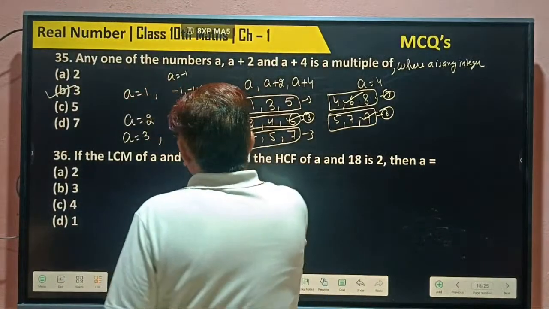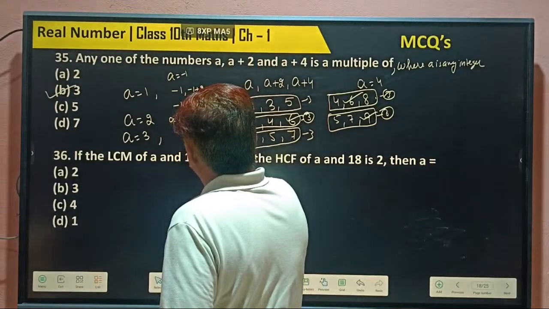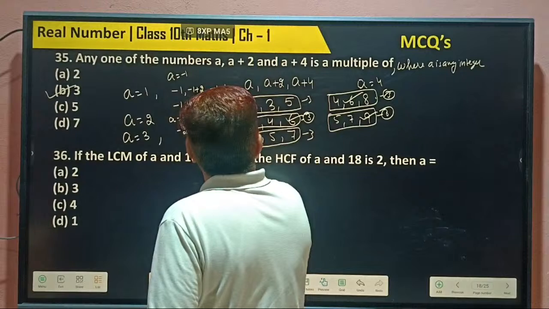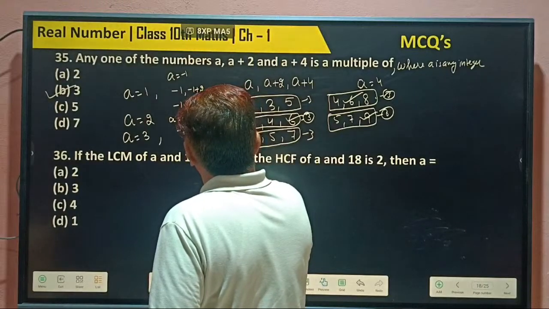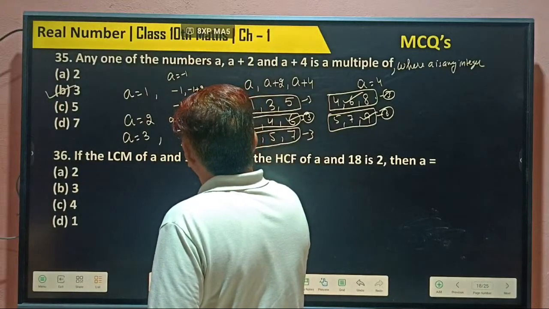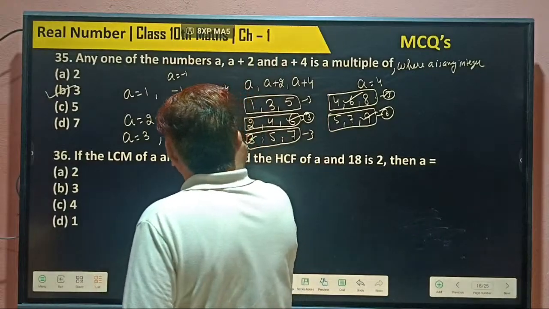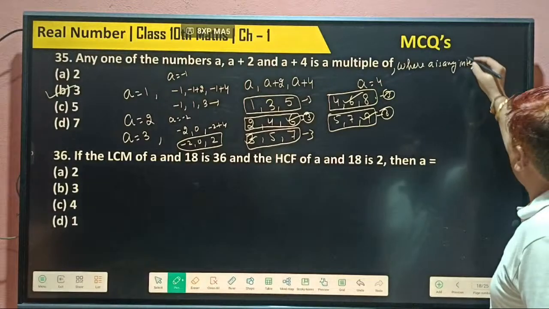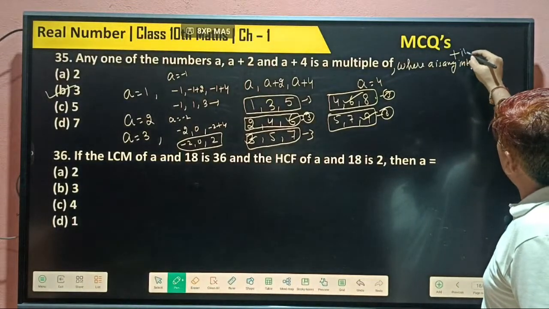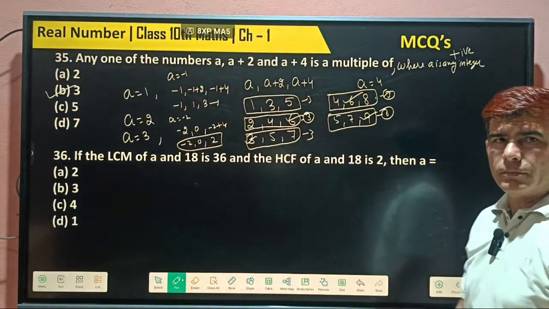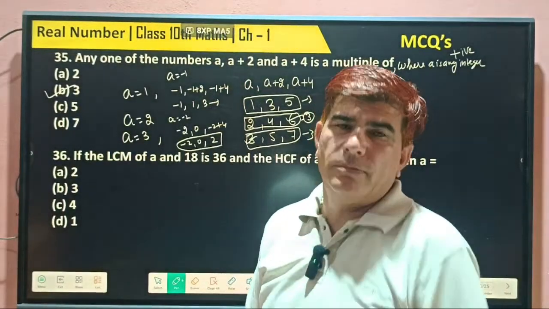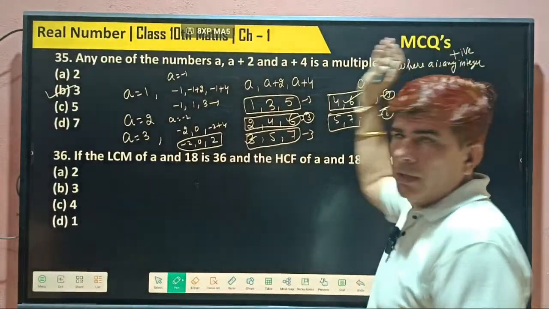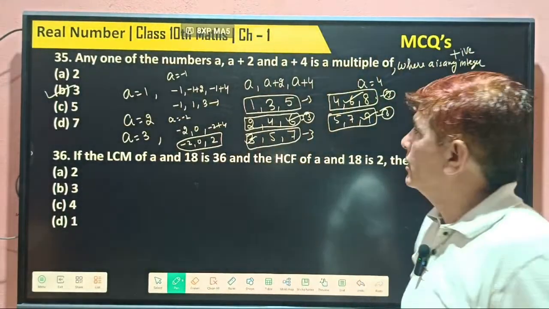A equals minus 2 taking. So minus 2, 0, and minus 2 plus 4 is 2. So minus 2, 0 and 2: not a multiple of 3. So here, where a is any positive integer, keep this in your mind. 3 is your answer only when a is any positive integer.